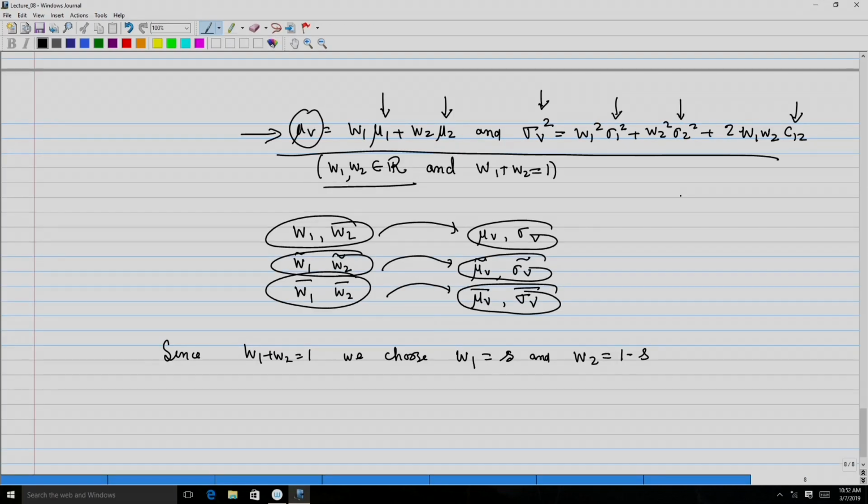So, accordingly, the only two terms that actually can vary are w 1 and w 2. Now, taking advantage of the fact that w 1 plus w 2 is equal to 1, we rewrite w 1 to be equal to s, which obviously gives w 2 to be equal to 1 minus s.